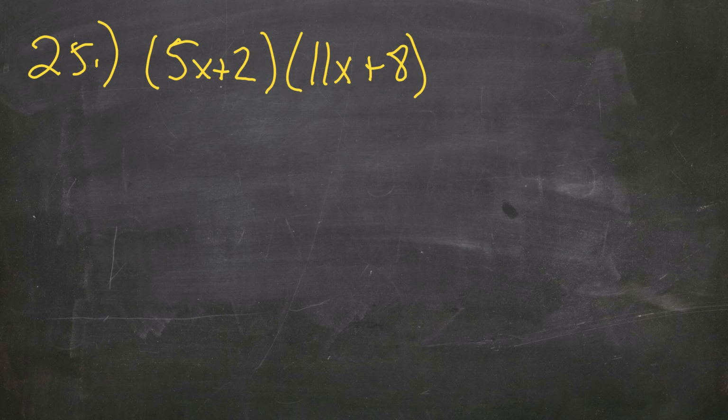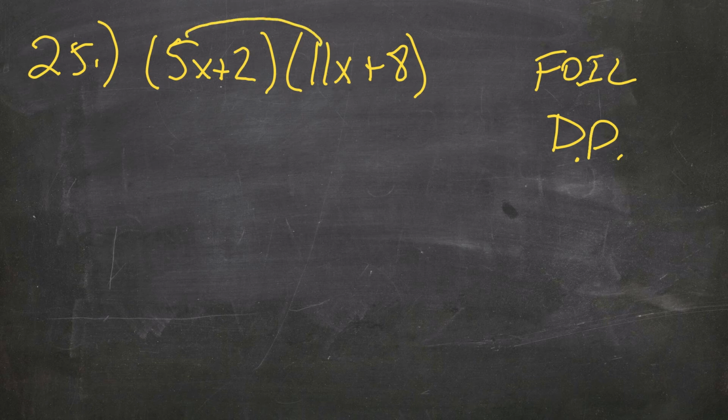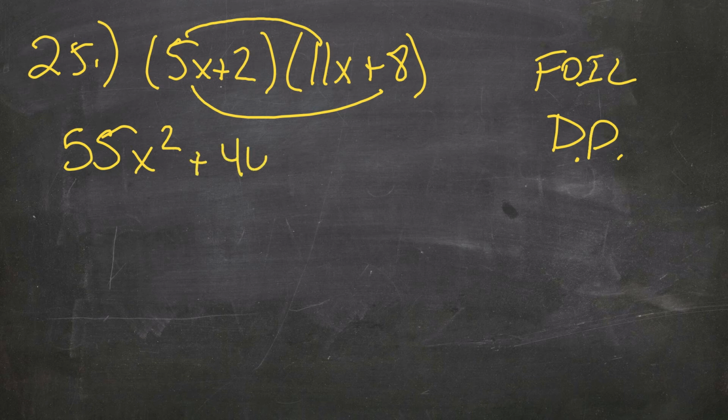All right, 25. 25, exact same concept. I'm going to use FOIL or the double distributive property. I used double distributive property this last time. I used FOIL this time. FOIL is 5x times 11x because those are the first two terms you see. That's 55x squared. The outside is 5x times 8, so that's 40x.